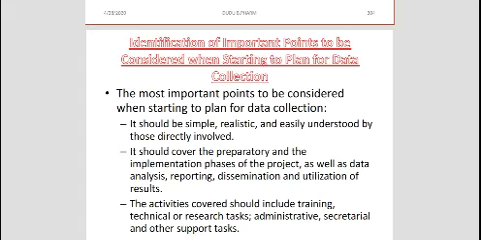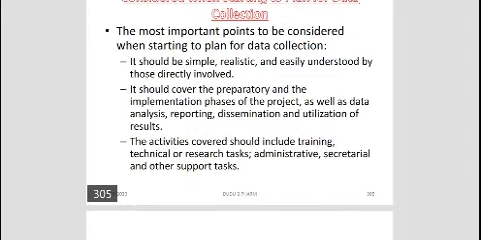So the activities covered should include training, technical or research tasks, administrative, secretarial, and other support tasks. Some research needs to facilitate people so that you can go together on carrying on the research.